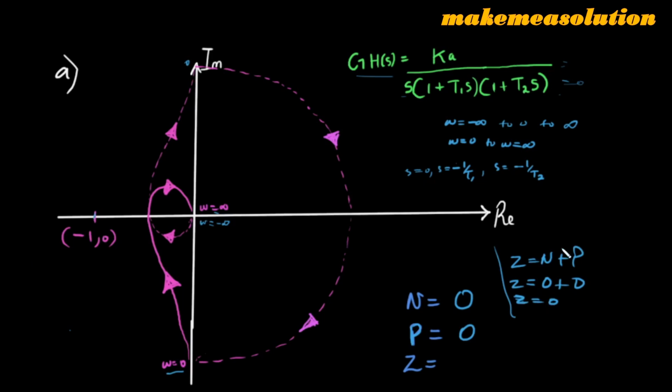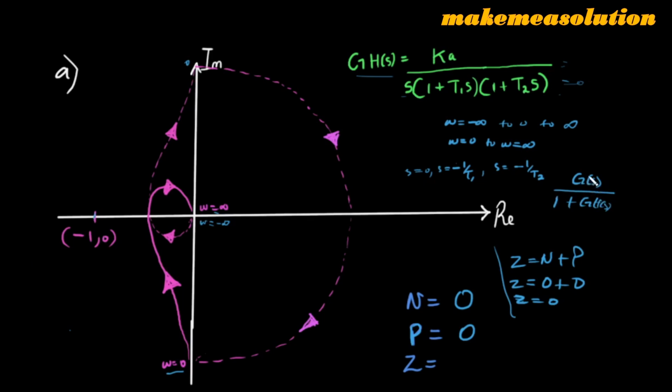Now the beauty about the Nyquist criteria is that it helps us to evaluate the stability of the closed loop system without having to use 1 plus GH of s to form our characteristic equation. Remember, the closed loop transfer function is this, so we don't have to do this stuff when we are using Nyquist criteria.